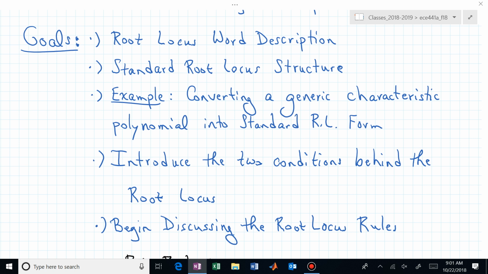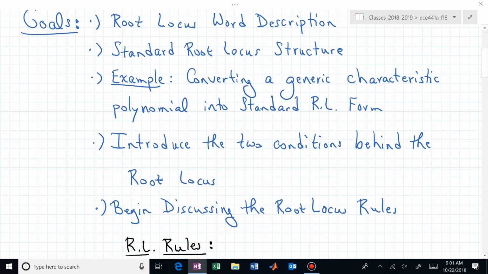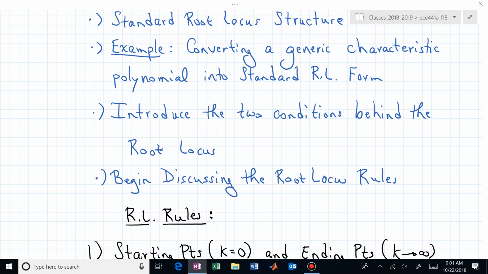Then we will illustrate how to do it if we are confronted with something that doesn't begin in the standard form. How do we create the standard form from something that didn't originally look like the standard form? That will introduce us to really 2 conditions that govern all of the rules behind constructing these root locus diagrams. And that gives us a magnitude condition and a phase condition.